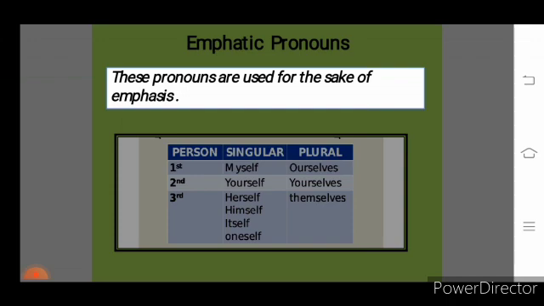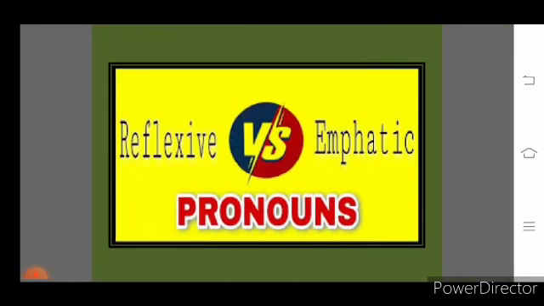Now students, you might be thinking they both are the same. Then what is the major difference between both of them? Don't be confused. Let me tell you the difference between emphatic pronoun and reflexive pronoun.